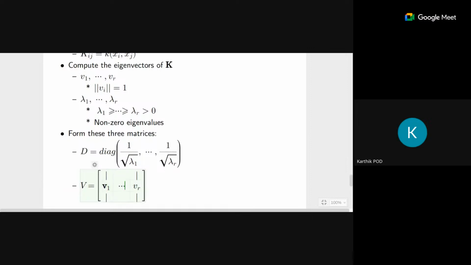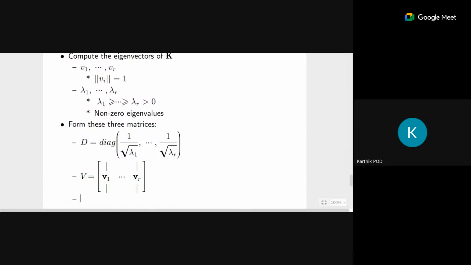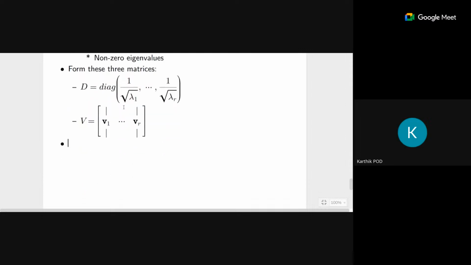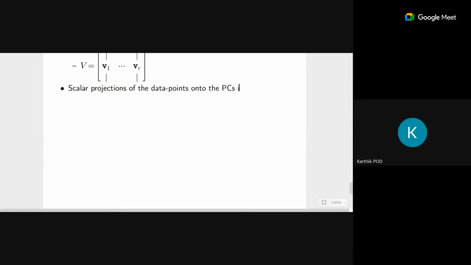So if you want to find the projection of your data matrix, the scalar projections of the data points onto the principal components in the transform space, it is given by x prime equal to D V transpose K, and this x prime is what we are interested in.